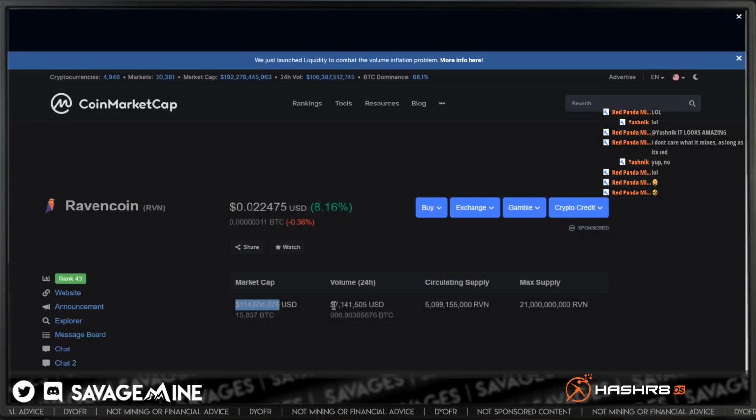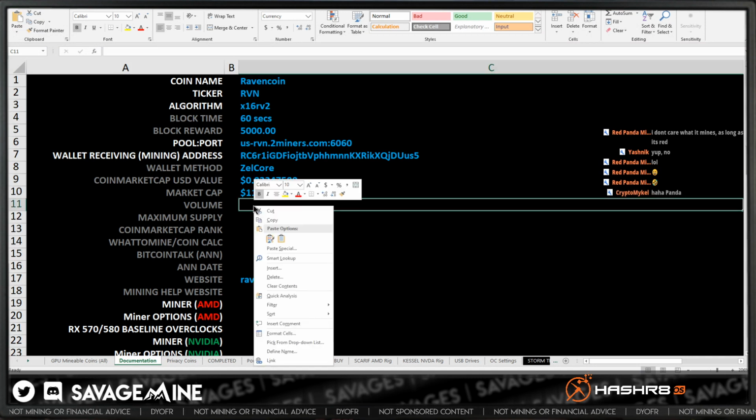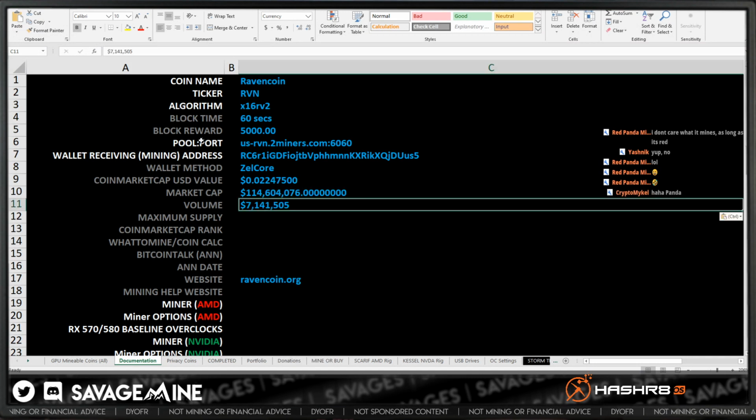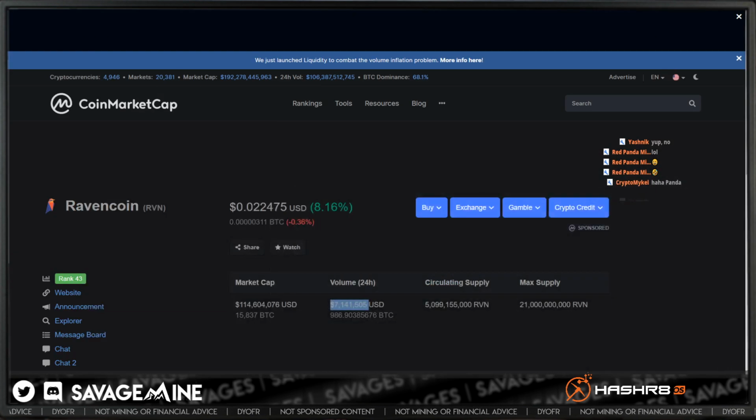Volume, again, just good to have information. You don't have to have this to actually mine it. The only things that you actually have to have are not grayed out, so they're in white right here. For the most part, you have to have that. Maximum supply, 21 billion.